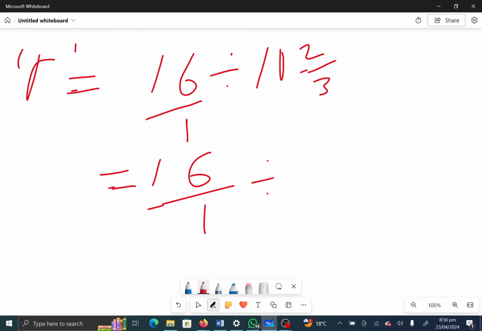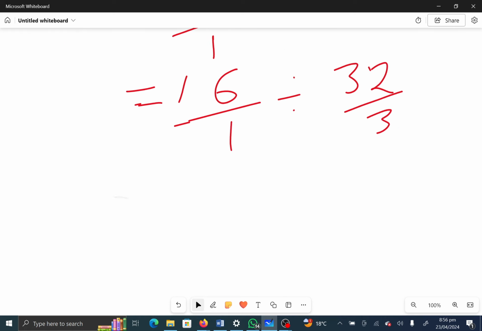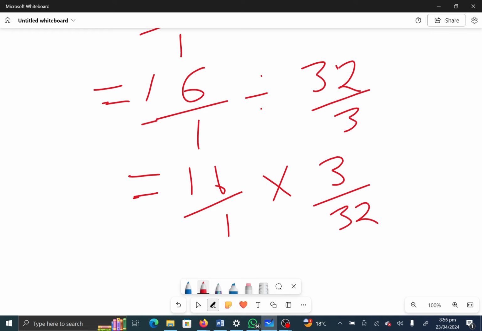So we have 32 over 3. By the rule of division, we change this into multiplication and swap the fraction, so it will be 3 over 32.